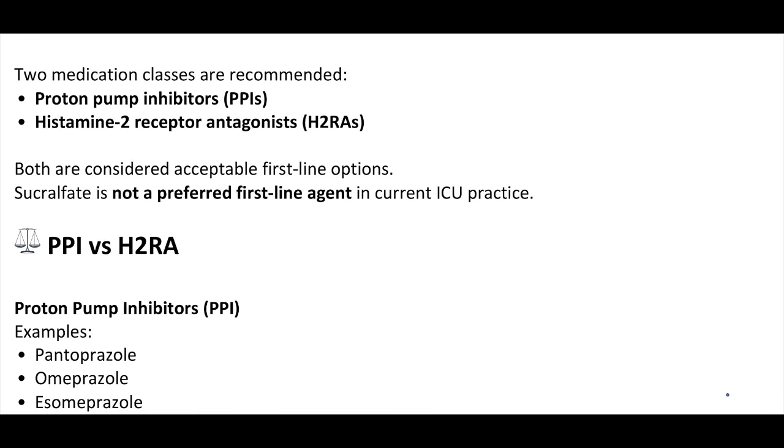Well, the two medication classes recommended are the ones we've intermittently mentioned throughout this episode, and that is proton pump inhibitors and histamine 2 receptor antagonists, right? Proton pump inhibitors classically would be pantoprazole, but there are certainly many of them. Histamine 2 receptor antagonists would classically be famotidine, at least in the United States. Both are considered acceptable first-line options.